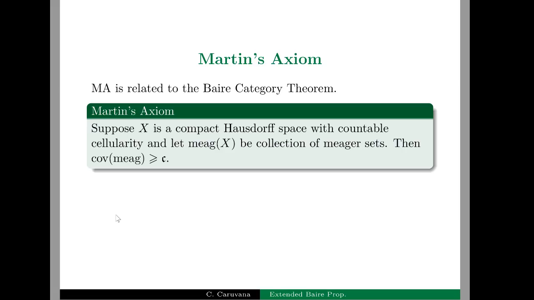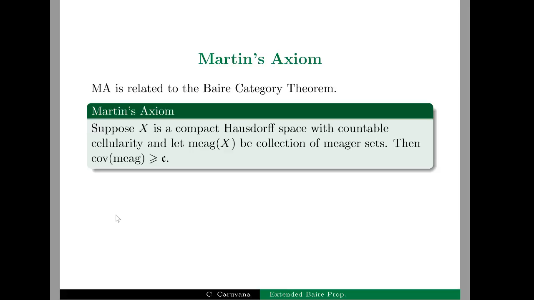So I came to Martin's axiom through the venue of Baire category theorem and its relationship with Baire category. So I can state Martin's axiom in its topological incarnation as so. For any compact Hausdorff space with countable cellularity, right, so the largest collection of pairwise disjoint open sets is countable, and I have my collection of meager sets, then what I want to assert with Martin's axiom is that the covering number of the meager ideal is at least continuum sized.